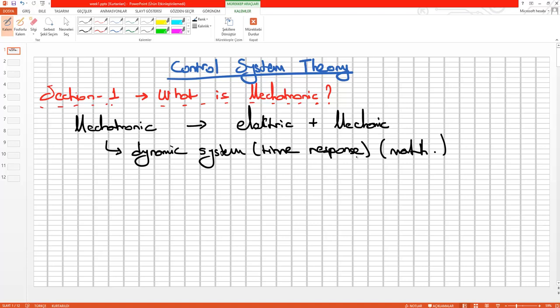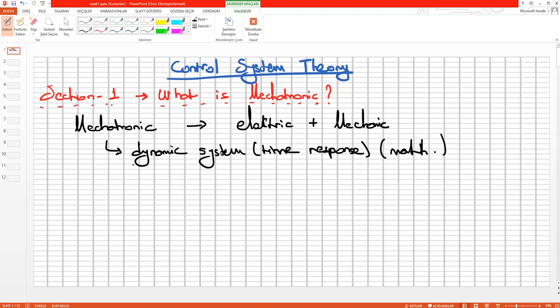Okay, simply the mechatronic is a combination of the electric and mechanic, but it's not only that, because we are engineers and we should model everything that's given in the universe in terms of mathematical rules or theory. Okay, and we should always utilize the math to build this system, because we want to control this system, or we want to analyze or understand this system in order to get the time response, the dynamicity, or the output response of these systems.